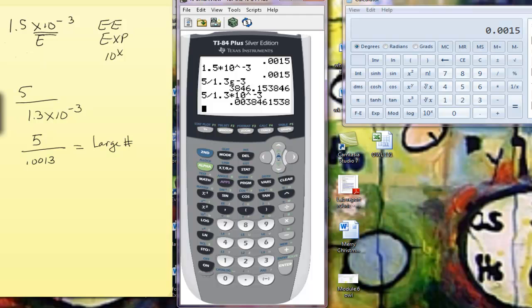What it did was use an order of operations, because now I actually have 3 separate numbers in. I have 5, I have 1.3, and I have 10 to the minus 3. Because these are division and multiplication, I think that it just started at the beginning, did the division, and then multiplied the answer by 10 to the minus third. So your original answer for just this part would have been 3.8, and then times 10 to the minus third moved it over 3 times. So there's a huge difference in the value of those two answers.